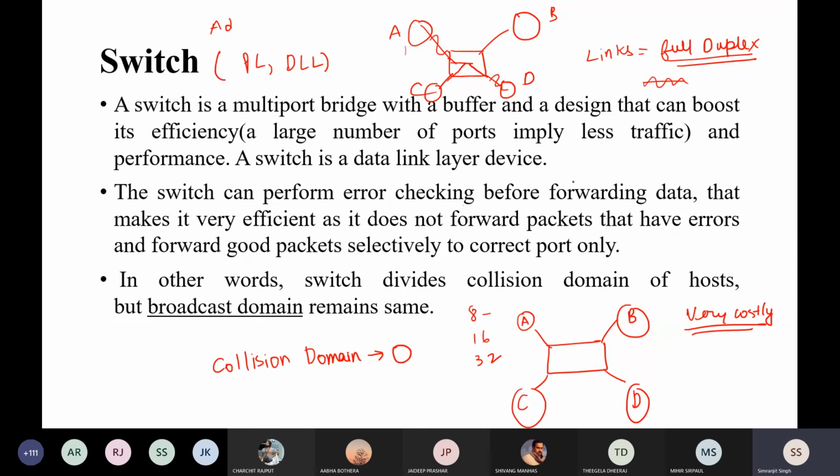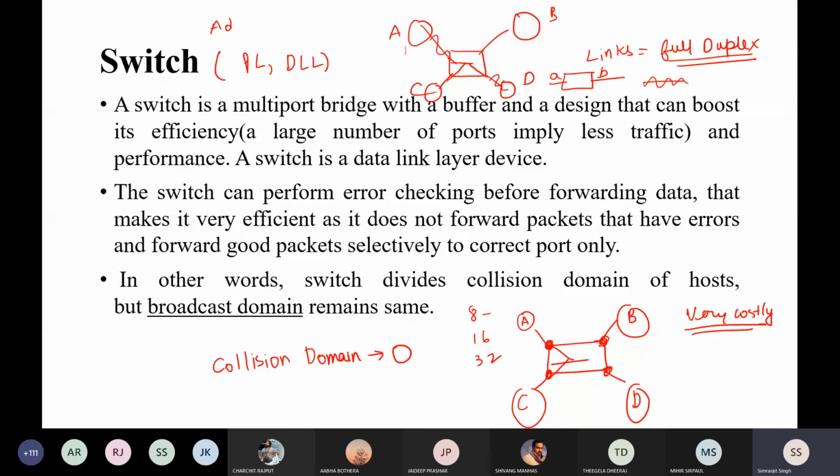What is the problem with the bridge? All the devices are connected to either this port or this port. With the advent of multiple ports, all the devices are connected to different ports. So if C wants to send a message to A, this particular circuit is completed.